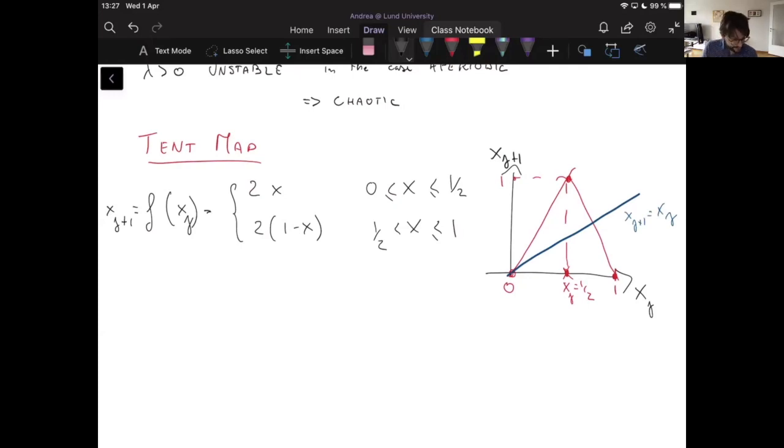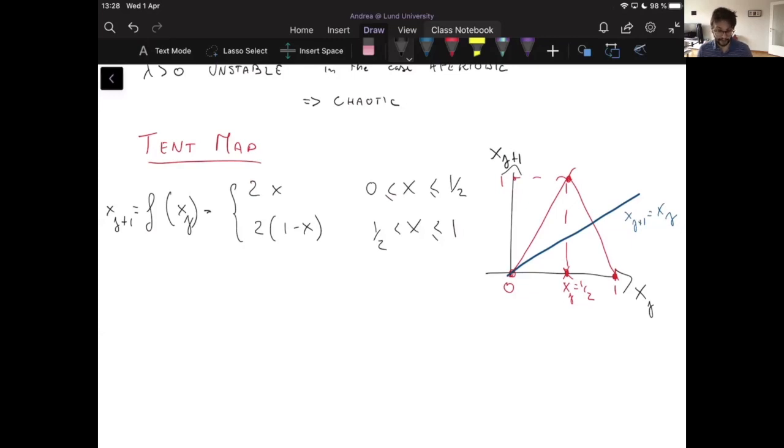Now, why do I do this? Because it's a very simple map. It's one of the few maps where the behavior can basically be completely studied analytically. In the logistic map, we have this rich behavior, but basically the only way we can properly study it, and especially the chaotic regime, is by looking at the numerical solutions of the map.